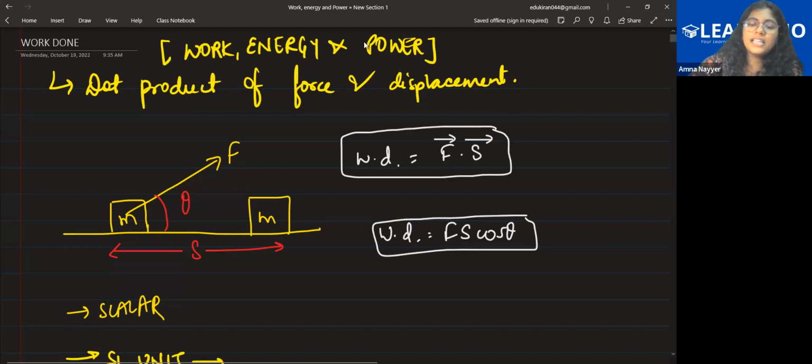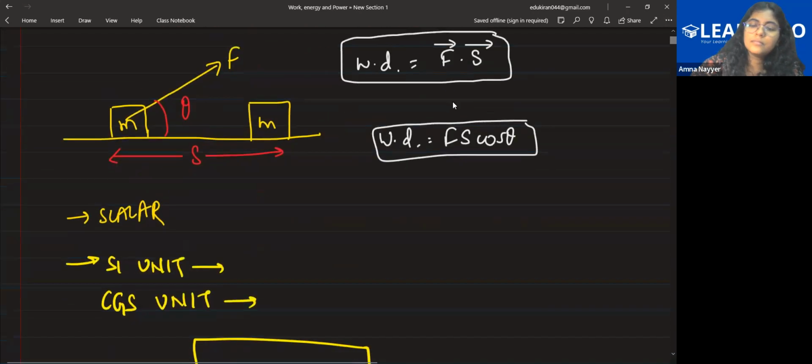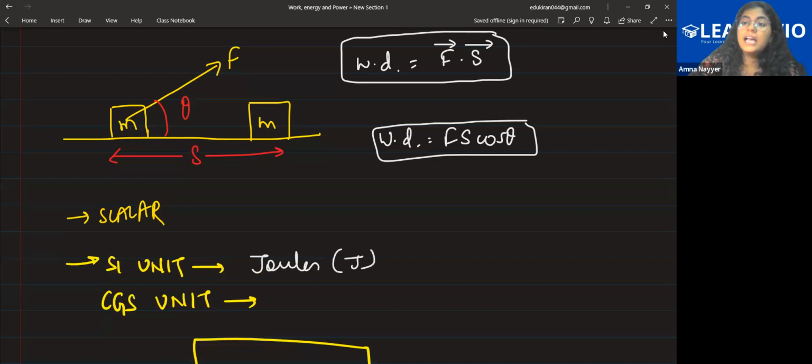Yes, Jesleen, what's the SI unit of work done? Joules, very good. So the SI unit is joules. We write it as capital J. And what's the CGS unit?